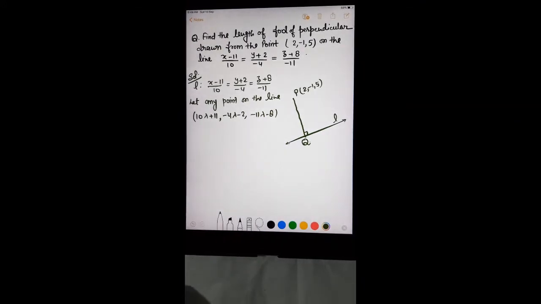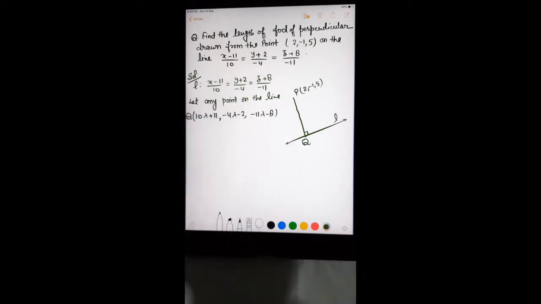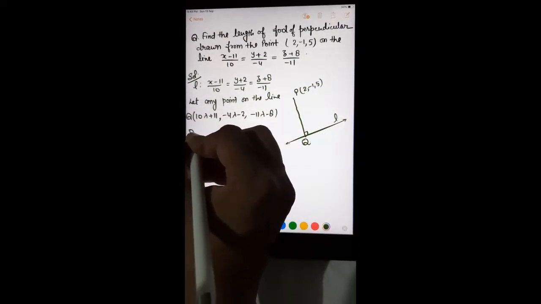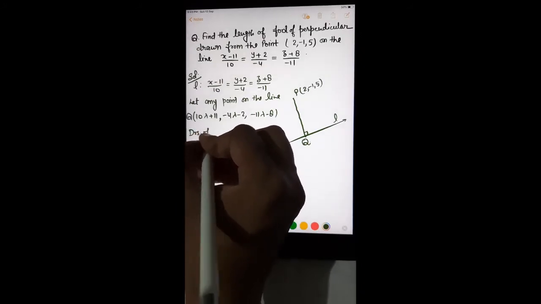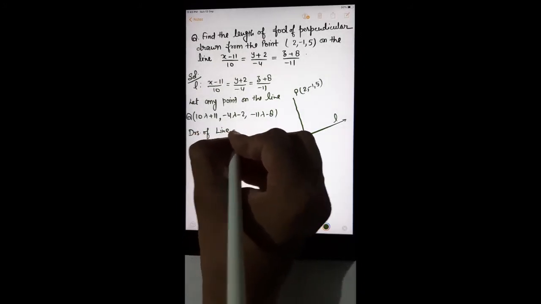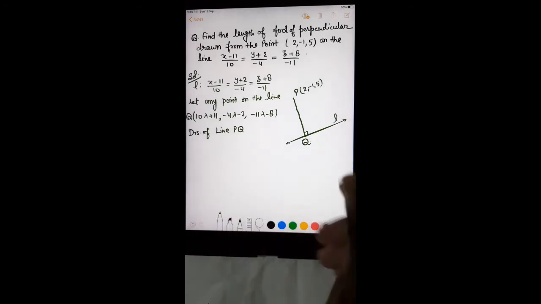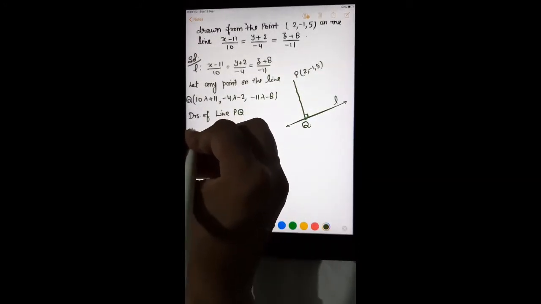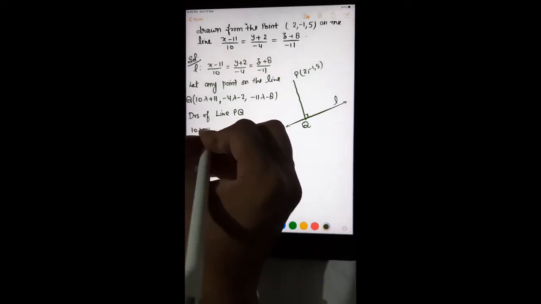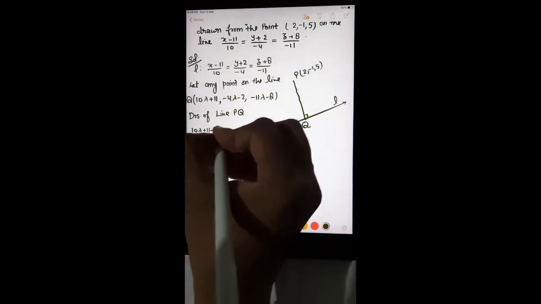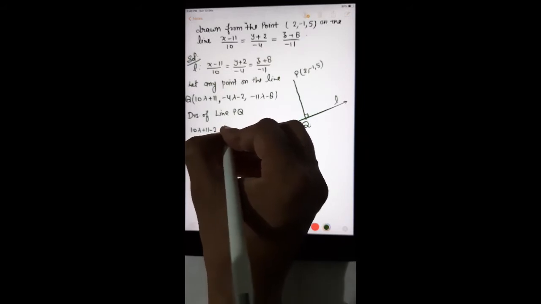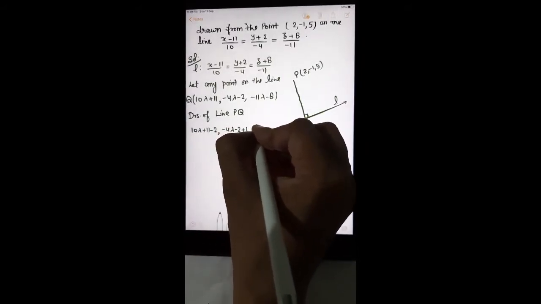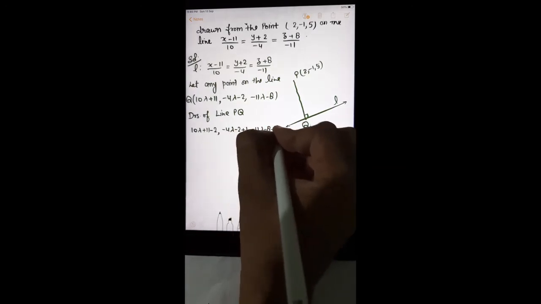Now let this point be Q, then the direction ratios of line PQ will be 10 lambda plus 11 minus 2, minus 4 lambda minus 2 plus 1, minus 11 lambda minus 8 minus 5.